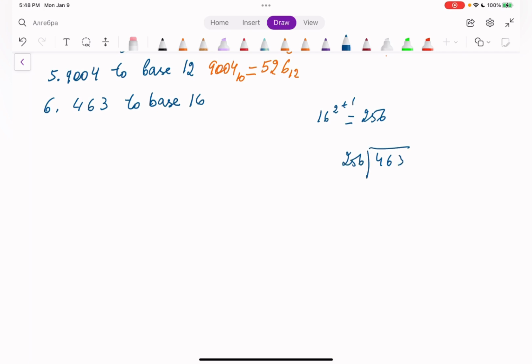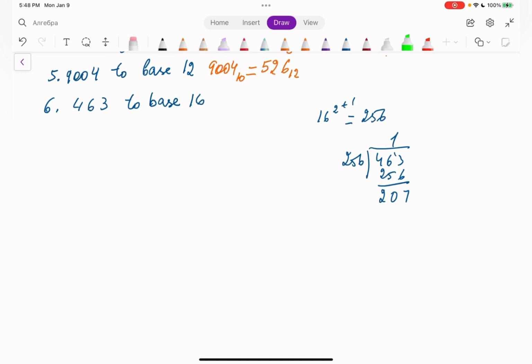It's going to fit one time. 256. Result is going to be 463 minus 256, which is 207.